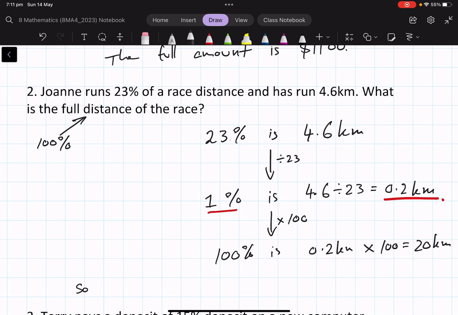So the full distance is 20 kilometers. How we found that: we divided by 23 because it's 23%. We find 1% and then we multiply it by 100.